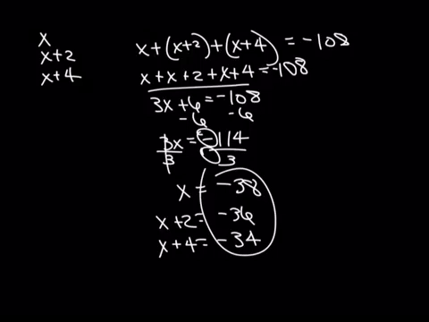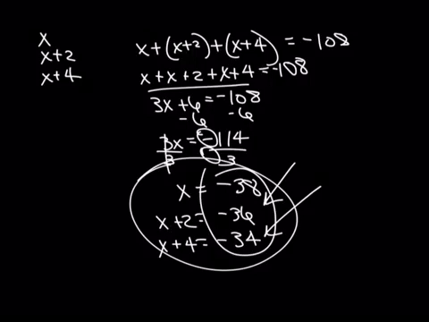The only hard part on this is to know this answer and this answer. When you add positive, you go up in value. Negative 38, negative 36, negative 34. You don't go negative 38, negative 40, negative 42. Okay, wrong way. So this is what makes it confusing, is that part.